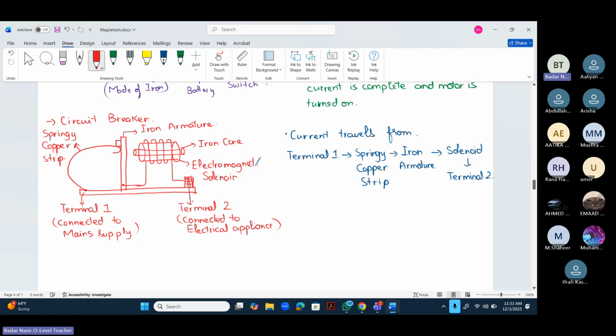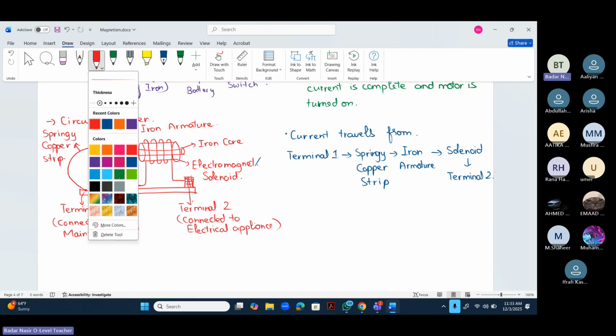So when there is normal current, this iron core is not strongly magnetized. It is magnetized, but it's not strong enough to attract the iron armature towards it. Okay. So in case of normal current, let me just write it down as well.